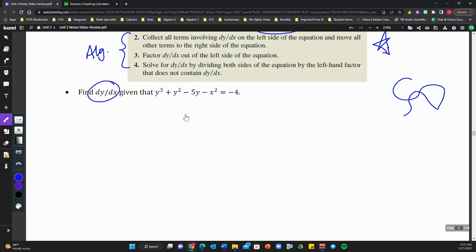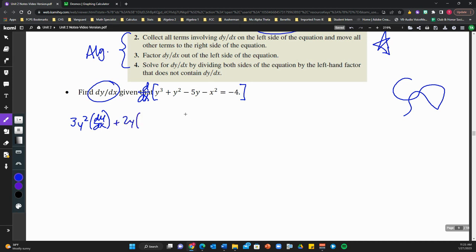But if I just want to know the equation for dy/dx, now I'm going to d/dx the whole thing. So I want to know the change with respect to x of all of this. So again, each term one by one. y cubed would turn into 3y squared, but I have to account for how y changes, so there's the dy/dx, plus 2y.